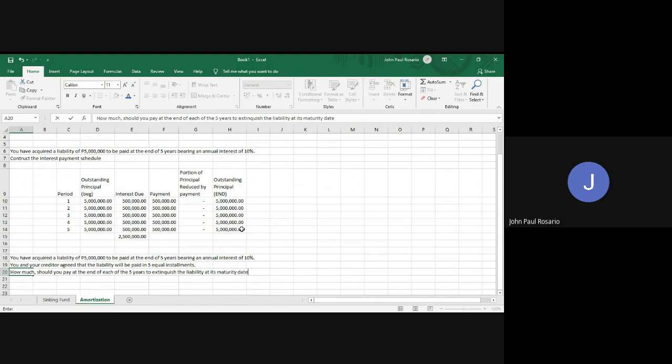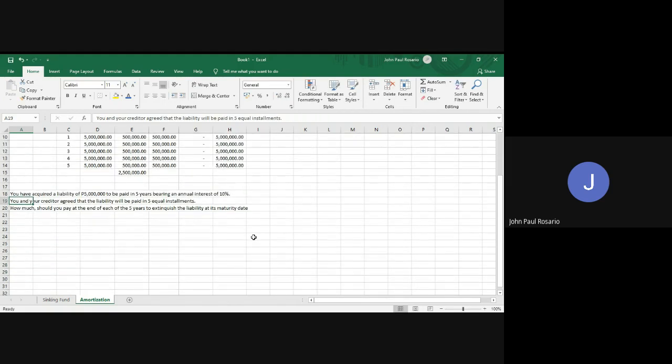Maturity date. To be paid in 5 years. You and your creditor agreed to pay the liability in 5 equal installments. So you pay at the end of each of the 5 years to extinguish the liability at its maturity date.